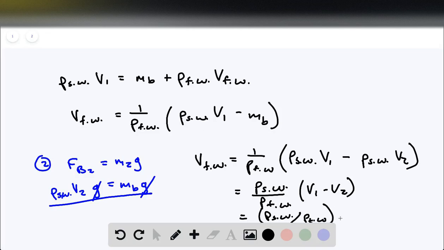So you can factor out an area A, and then we know the difference between these two was given. That was the height h, the amount that the water level dropped. So this will be our final equation then, because we can look up the densities in the table for saltwater and freshwater. This is an equation in terms of variables we can just plug in and solve for.